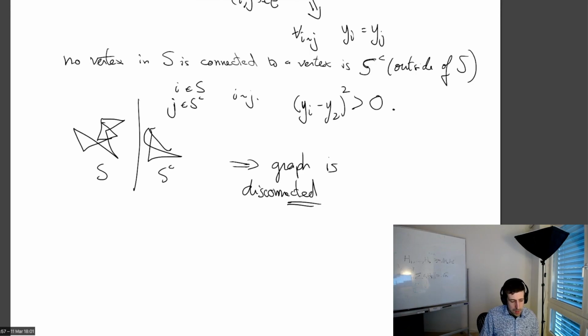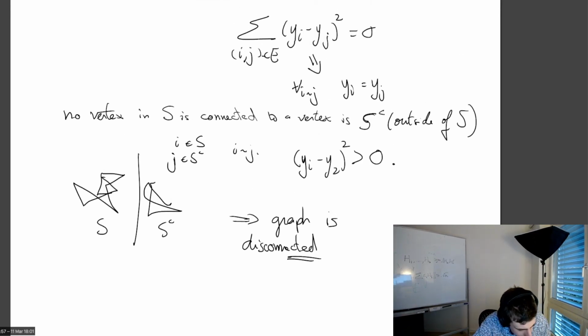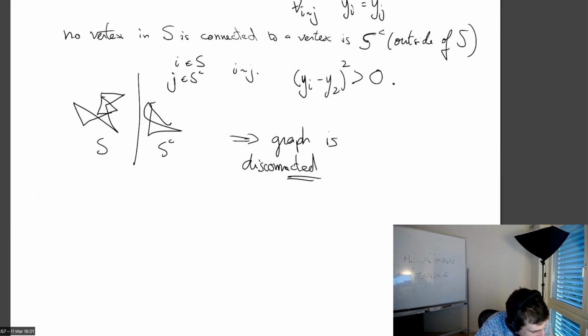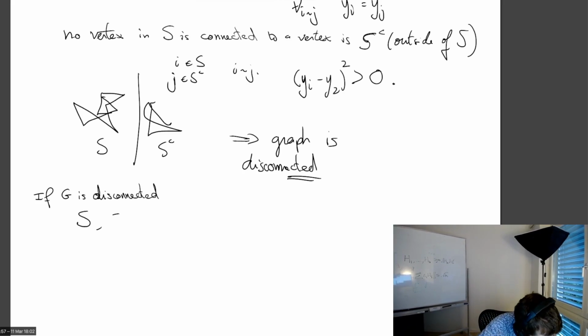Now, on the other hand, it should also be clear that if G is disconnected, then take S and S complement, which don't have connecting edges.